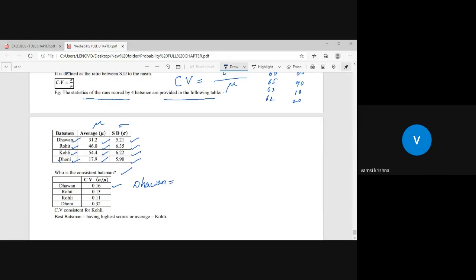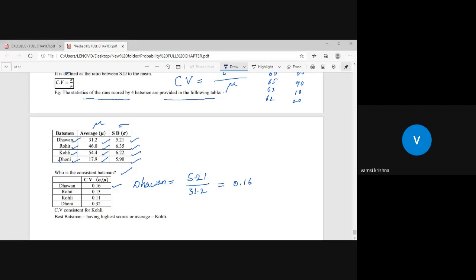Dhawan's standard deviation is 5.21 and his average score is 31.2. So 5 by 31, and the result is 0.16. That is the coefficient of variation.